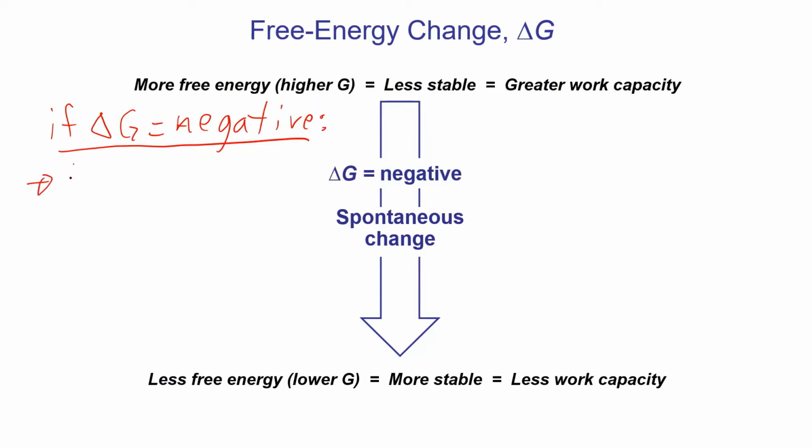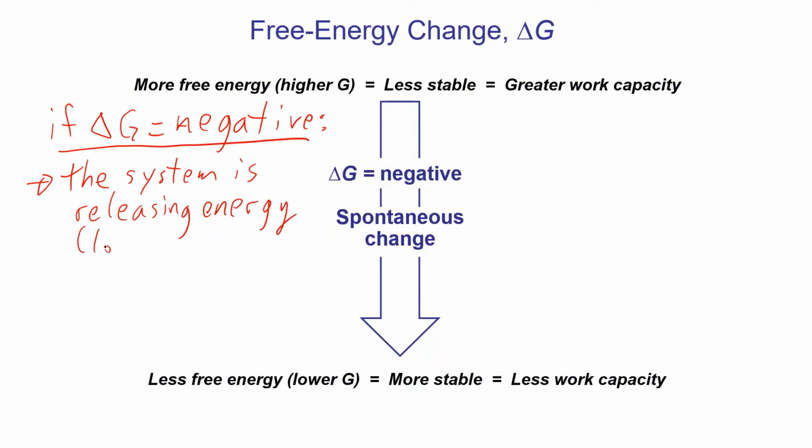This means the system, usually meaning the chemical reaction, is releasing energy. Or you could think of it as losing energy if you like as well. So this, I will say, is usually catabolic. So if you think about the breaking down of glucose, we're releasing energy, usually catabolic.